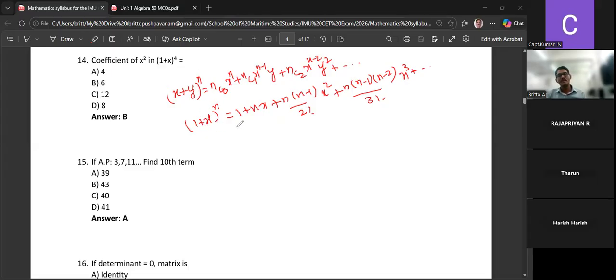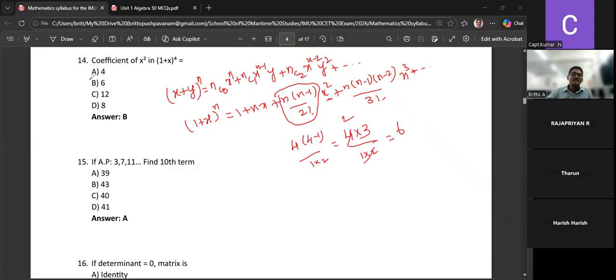So this we can use directly. In the place of n put 4. The coefficient of x squared is in this third term only. So the coefficient of x squared is 4 into 4 minus 1 divided by 2, which is 4 into 3 divided by 2, which is 6.